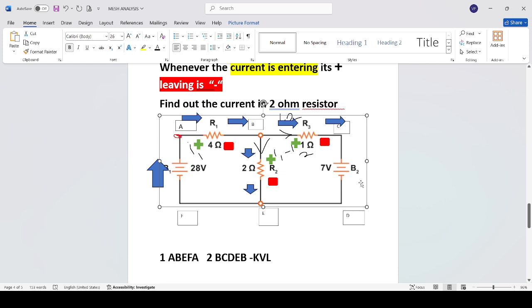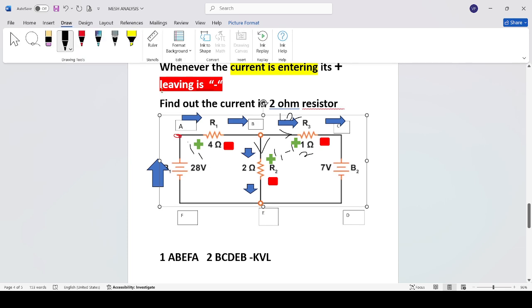This is the first step we need to do in a mesh analysis problem. We have assumed the current I1, so this is I2, and this is I1 minus I2.